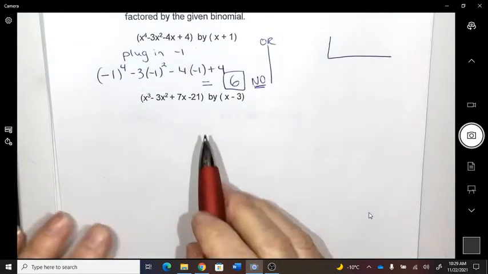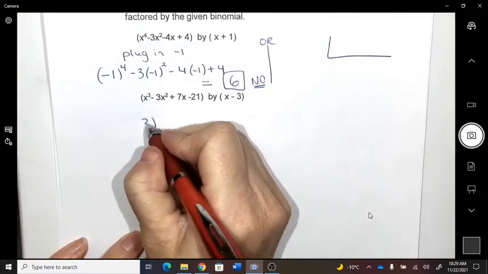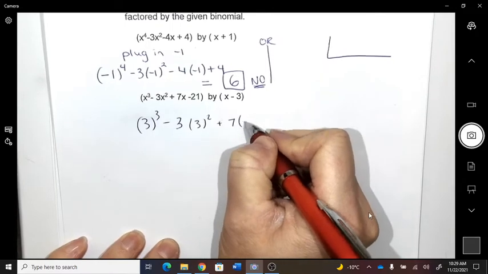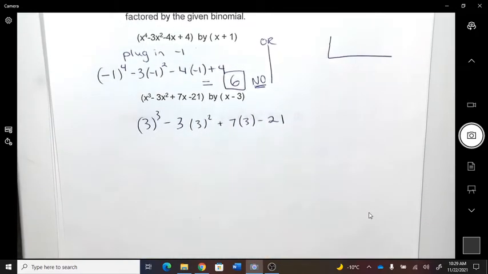Okay, the next one. So I'm going to plug in a 3. And again, if you really wanted to, you could be checking your answers using synthetic division.